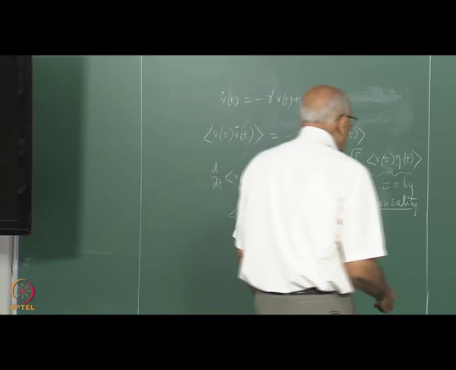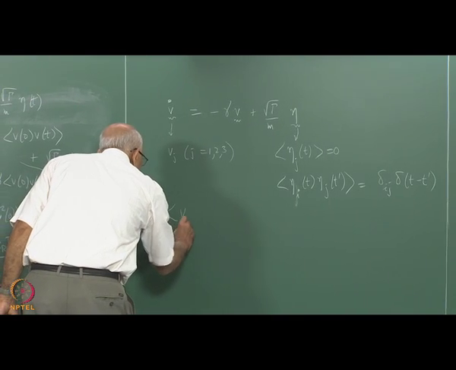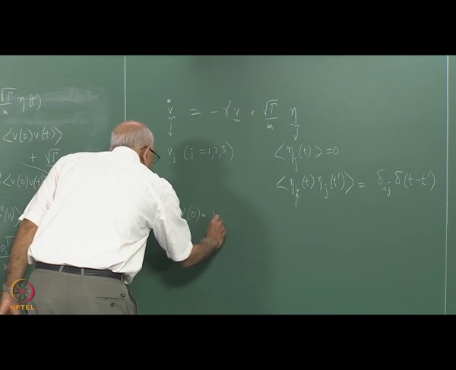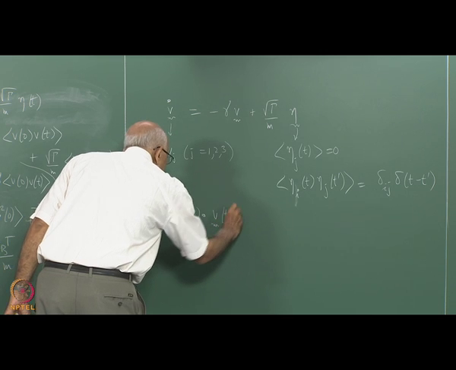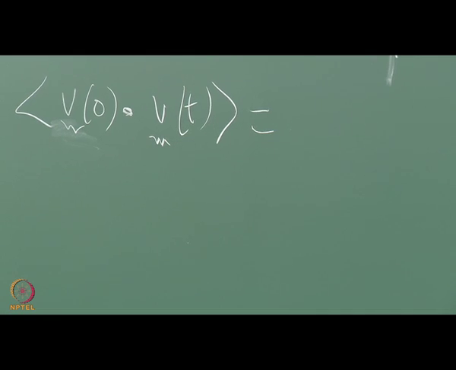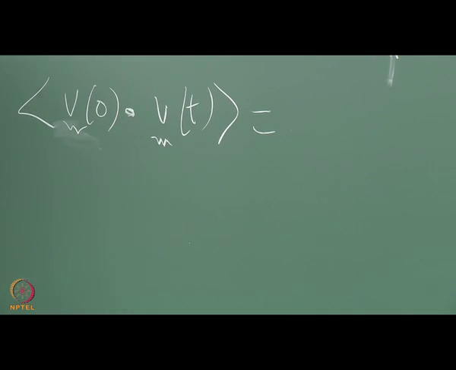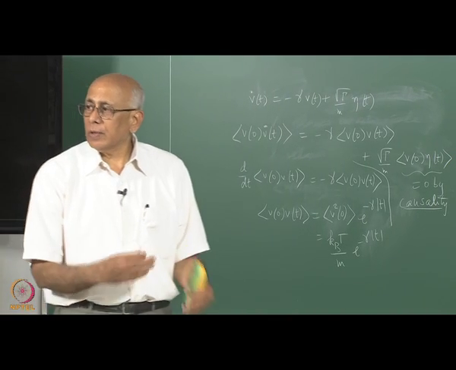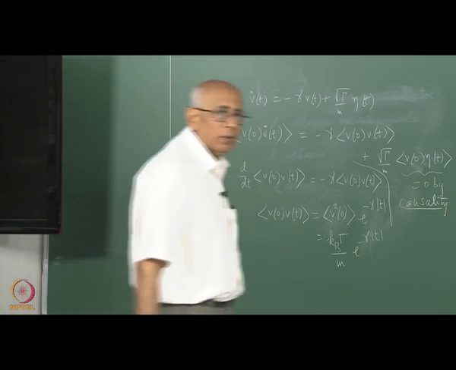So therefore, what would this be? As a vector, V of 0 dotted with V of t in equilibrium, what would this turn out to be? Yeah, it is kT over m times e to the minus gamma t for each of these components, and then you are taking a dot product, so this is equal to 3.